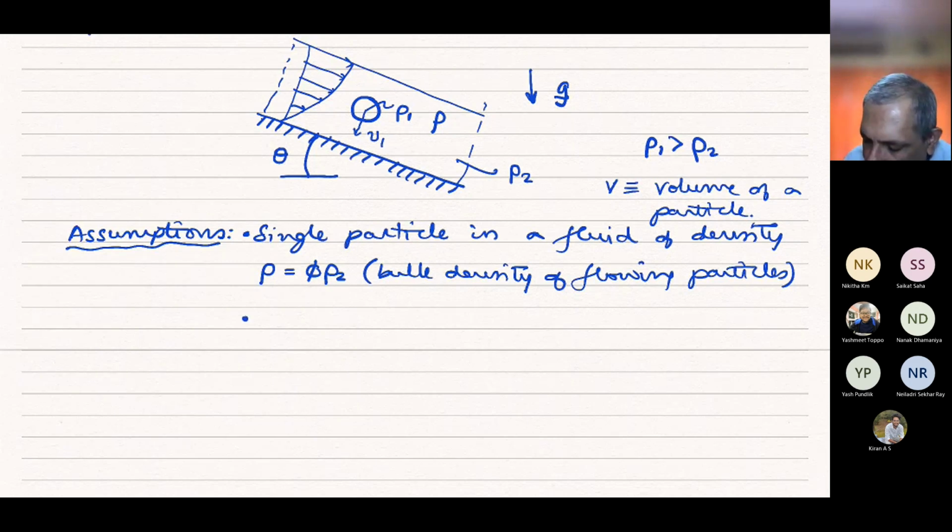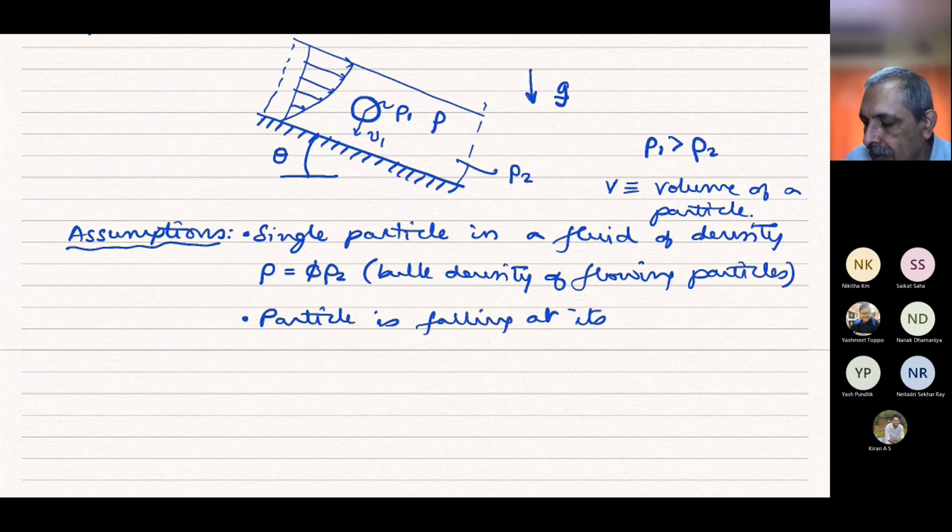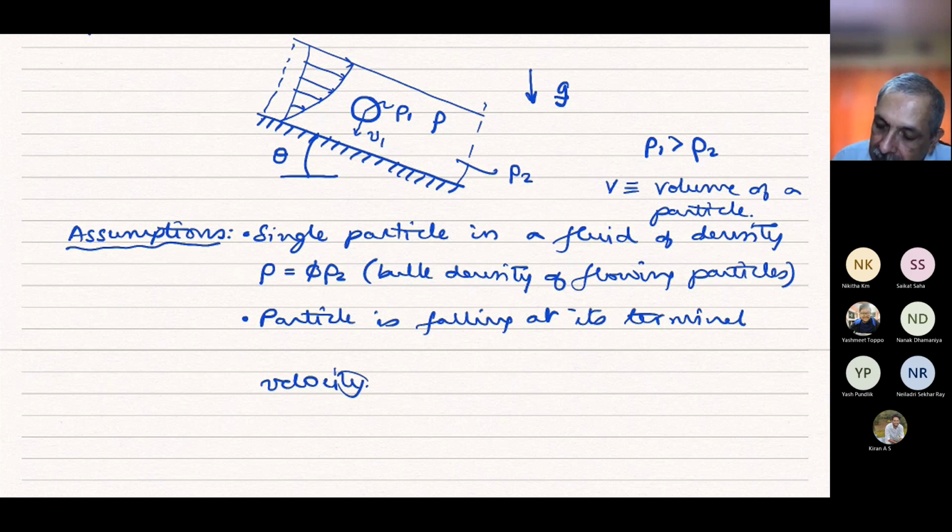And then we'll say that the particle is falling at its terminal velocity. So what does that mean? Obviously, since the density ρ1 is greater than ρ2, the particle will want to sink.